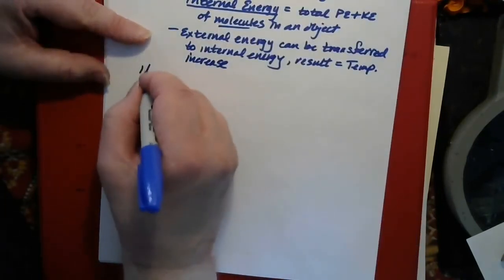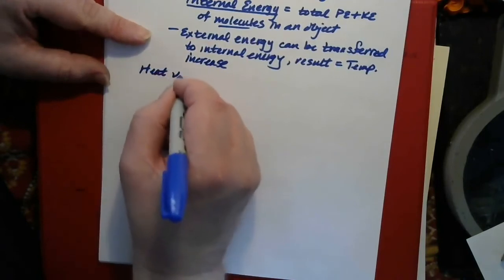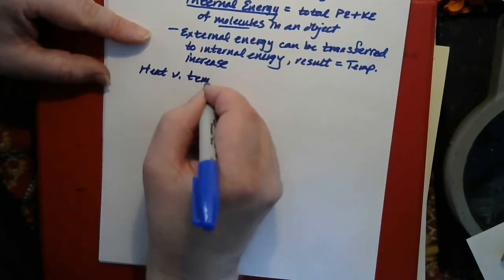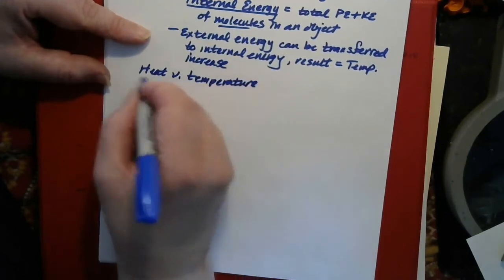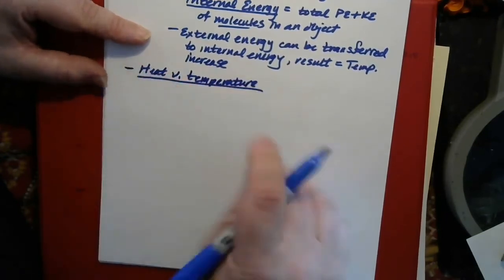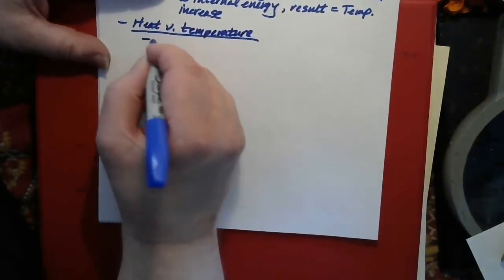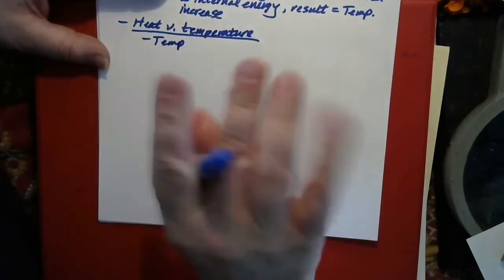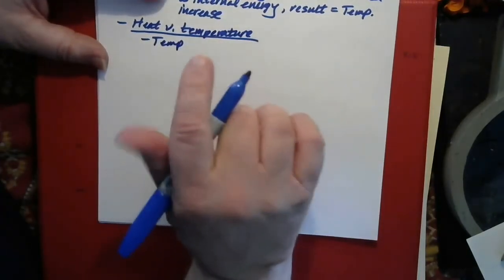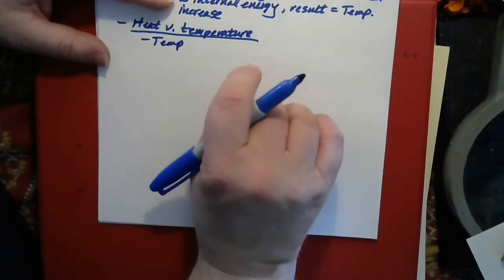And so looking at heat versus temperature, temperature is the measure of the degree of hotness or coldness of an object.